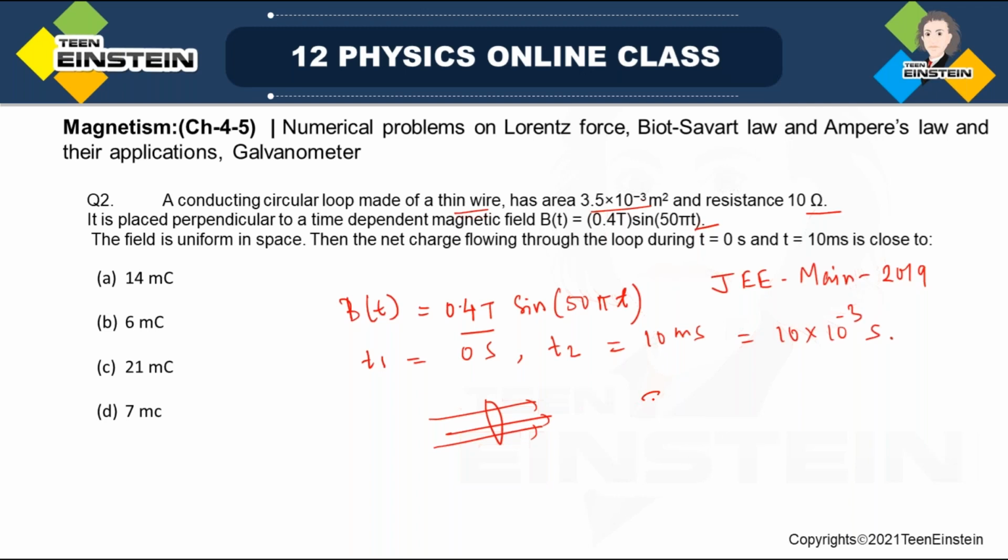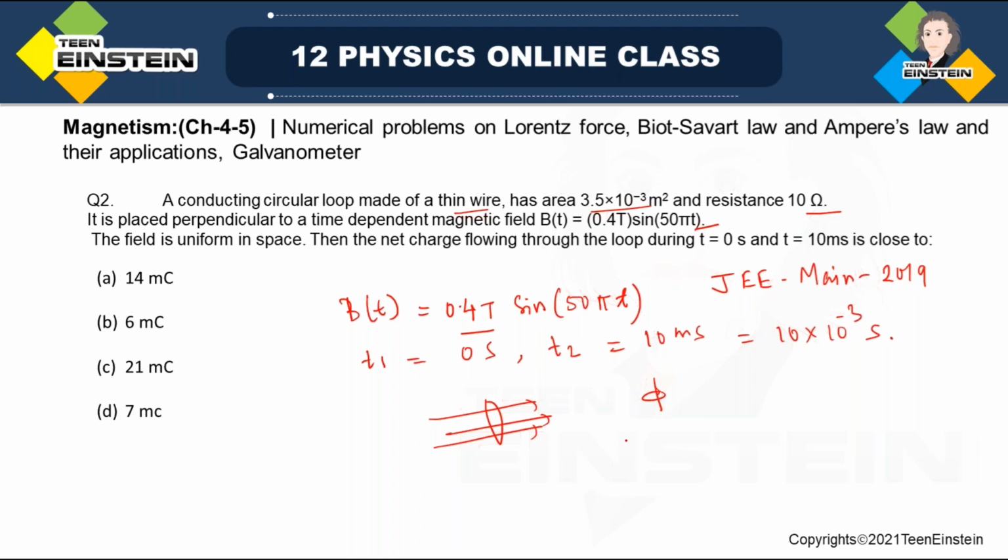There will be flux linked. If the magnetic field is varying with time, then with time the flux also will vary. So we know we'll get EMF.